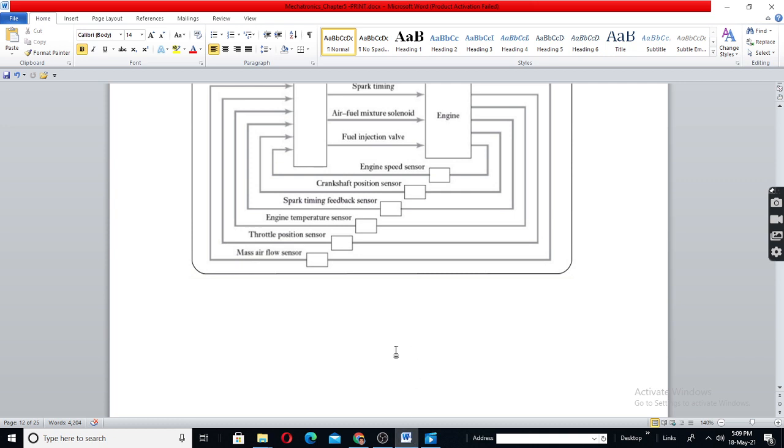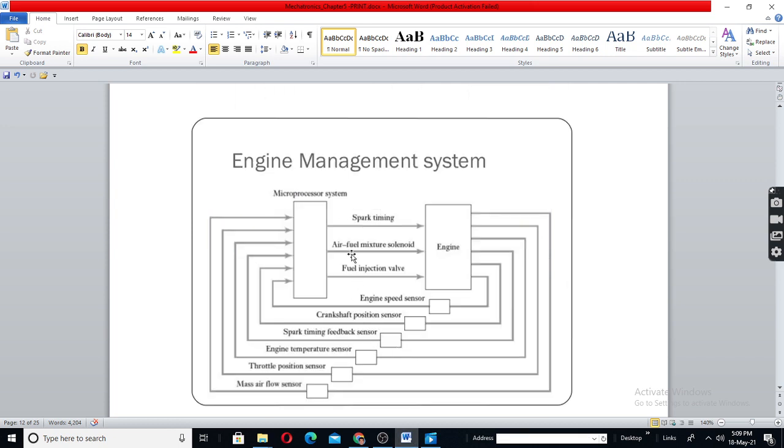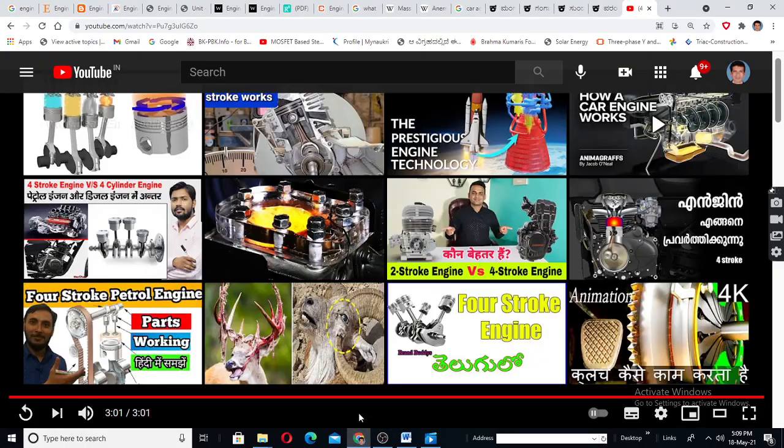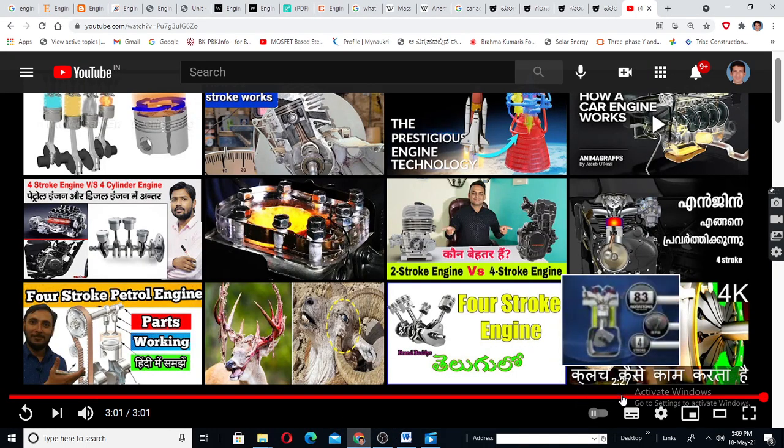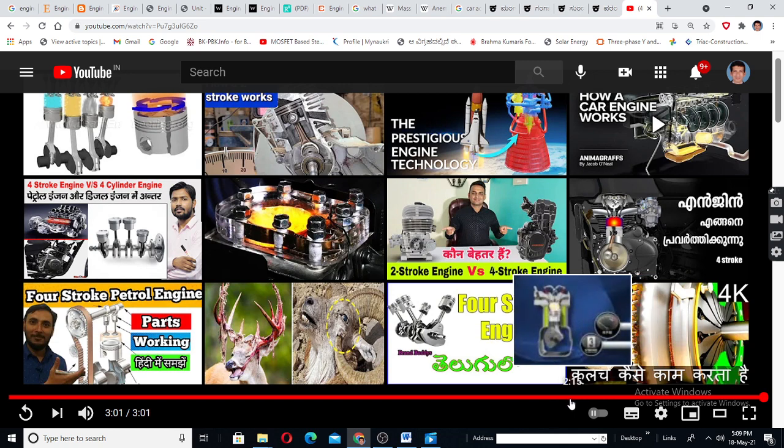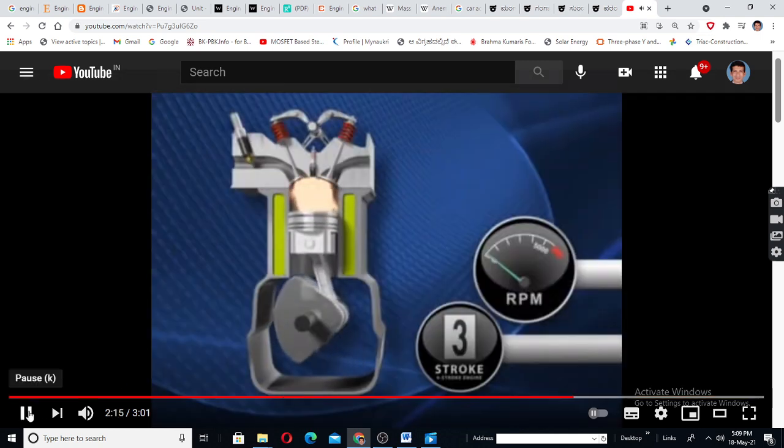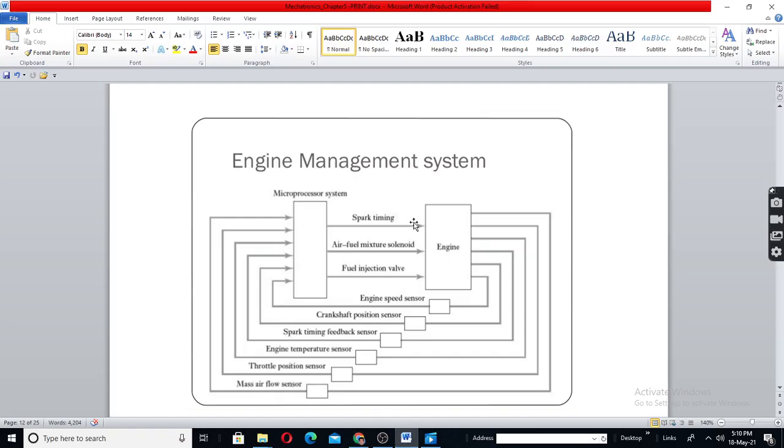Now, a few points. The microprocessor should give the signal to the spark plug at the right time, at the right instant. So that timing should be proper.